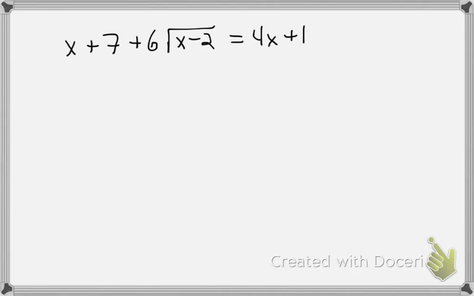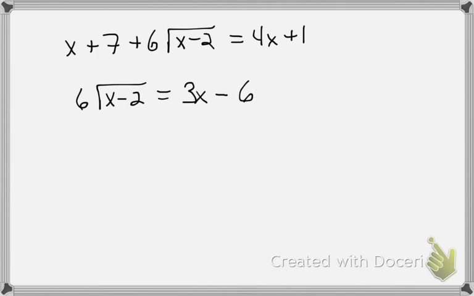So we got to get our second target alone. What should I do? We'll subtract the x and we'll subtract the 7 over. So that means I'm going to have 6 square root of x minus 2 set equal to 3x minus 6. You guys with me there? Now again, you could divide by the 6, but that's going to make fractions and that's overkill.